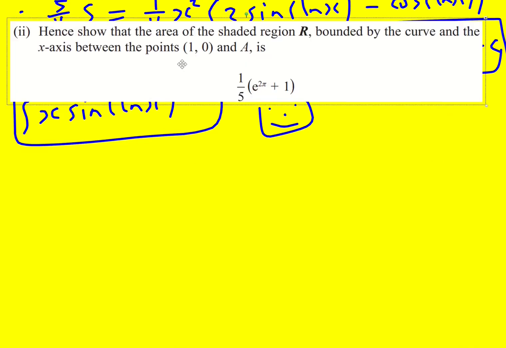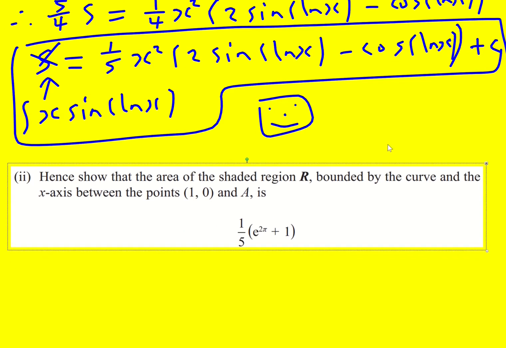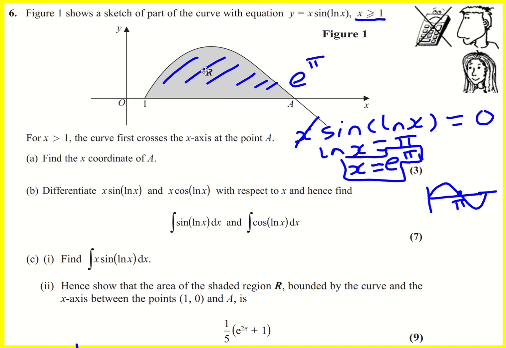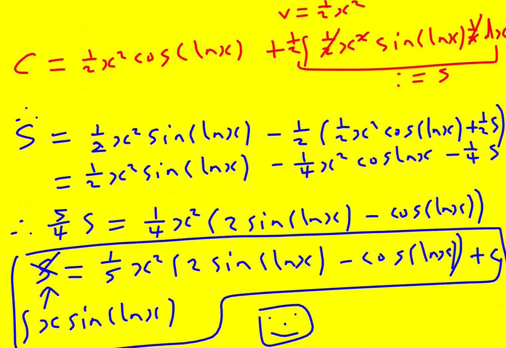Okay, that leaves us finally to work out the area of the shaded region bounded by the curve and the x-axis between the points 1, 0, and A. That is this shaded region here. So we're going to need to integrate the function x sine ln x between the limits 1 and e to the pi.